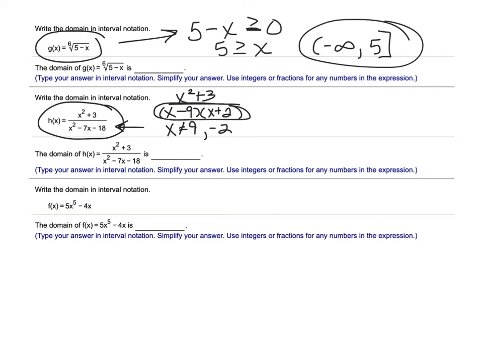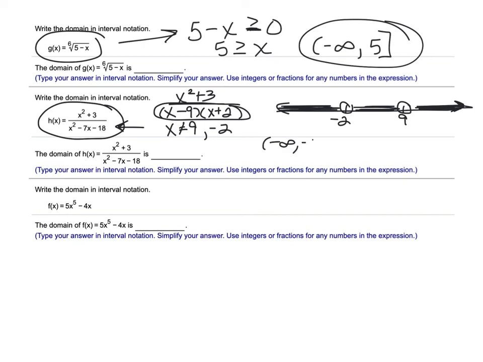That's the important part. To write the answer in interval notation, if you look at it on a chart, it's basically saying everything works except 9 and negative 2. So everything less than negative 2 works, everything in between works, and everything greater than 9 works. So you have 3 intervals to list.